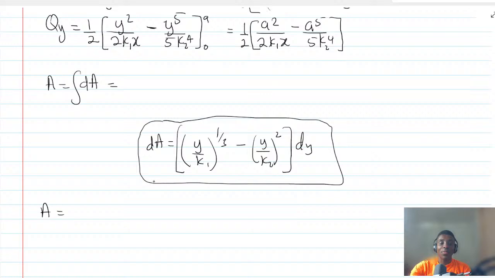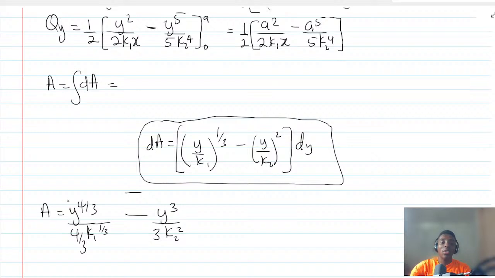It's just going to be y^(4/3) divided by 4/3 multiplied by k1^(1/3), minus y cubed divided by 3k2 squared.